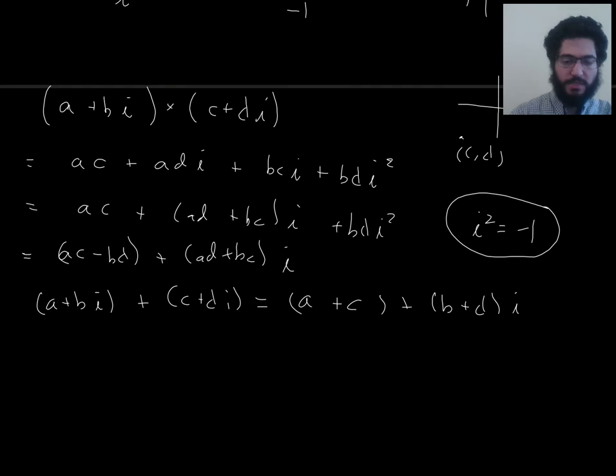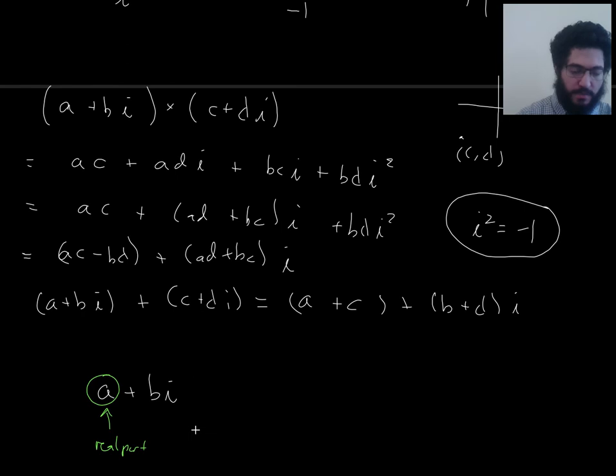So when you see a complex number like a plus bi, this is called the real part, and this is called the imaginary part.